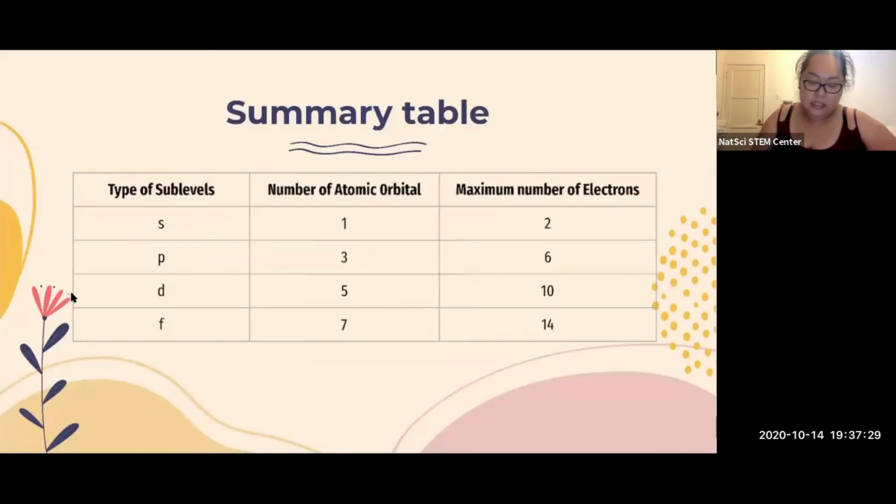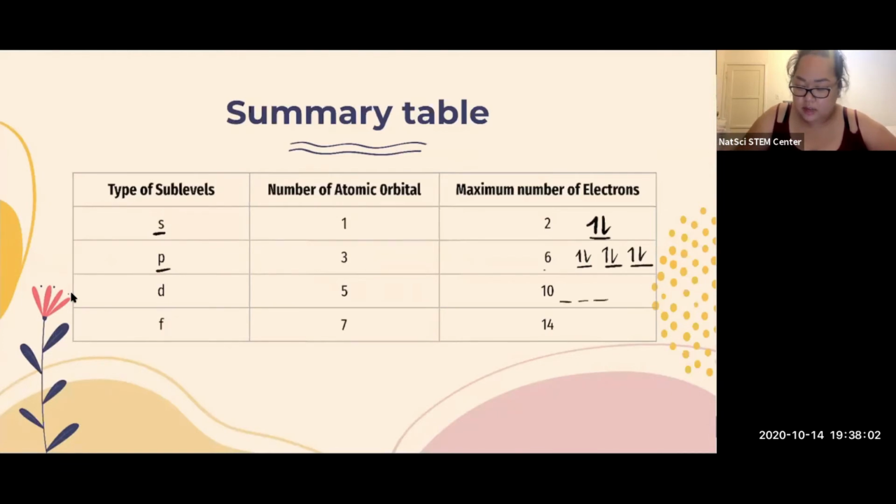In summary, this tells you how many electrons you can have in each of the levels. For the S, the max you can put in is 2. That's why you have 1 line. For P, the max you can put in is 6, and that's why you'll have 3 lines and you'll fill them. Not everything is full. It's only ever really full when you have a noble gas.